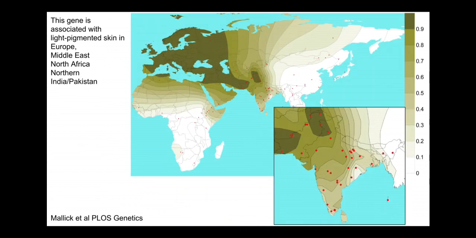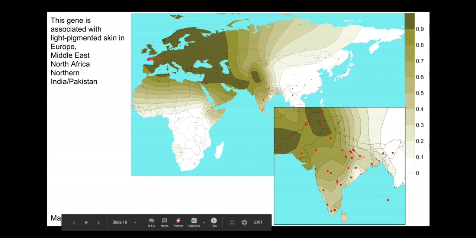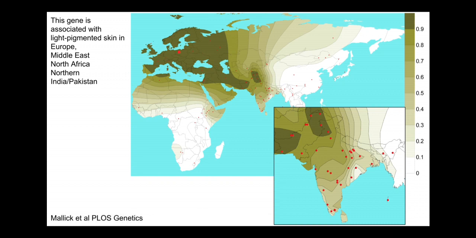Something that's interesting here is this shows how complicated the genetic basis of human skin color is, and how the concept of race is much more complicated than the easy categories. One of the stories you see from this graph is this gene and this allele is associated with light skin pigmentation, and it shows up all throughout Europe, but also through the Middle East, and also throughout northern India, and also northern Africa.